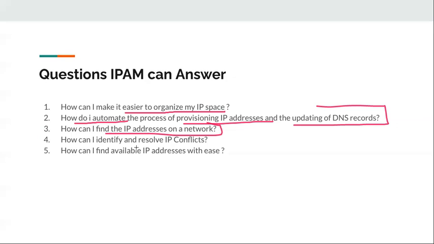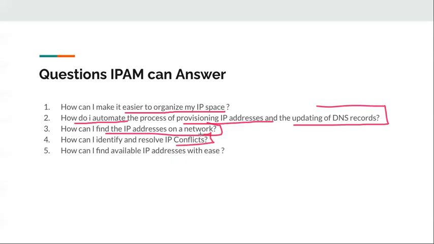And this can have bigger consequences if you are dealing with security issues, and organizations which need high availability and have compliance and audit processes. How can I identify and resolve IP conflicts?